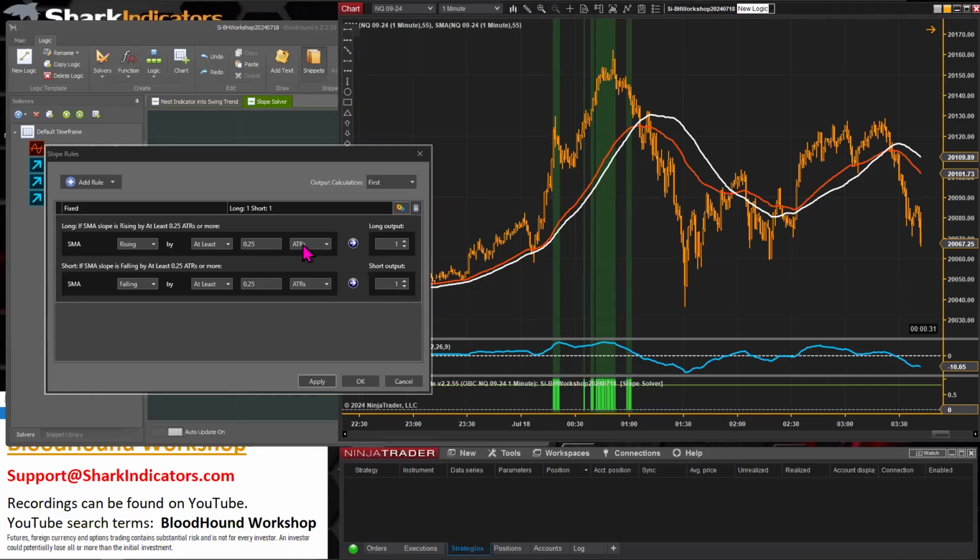So again, remember the ATR spits out a value in points, of the volatility of your instrument that you're trading, right? And it spits that value out in points. So if you're going to use ATRs, remember ATRs are in points, so think in terms of points when you're putting a value in here, not ticks, right?